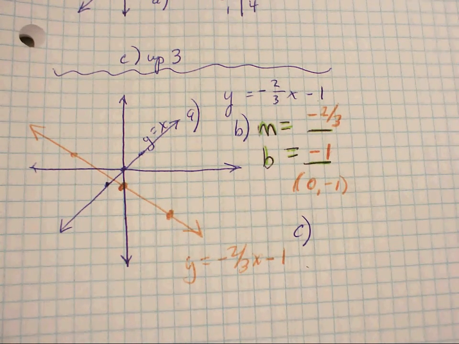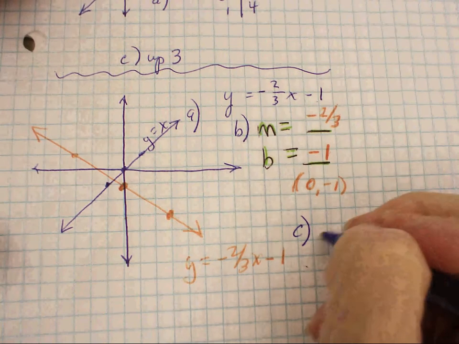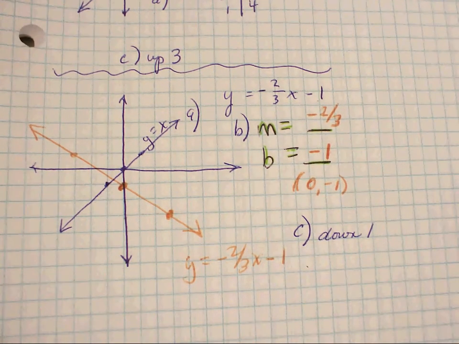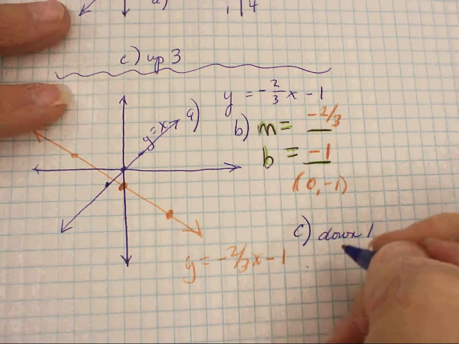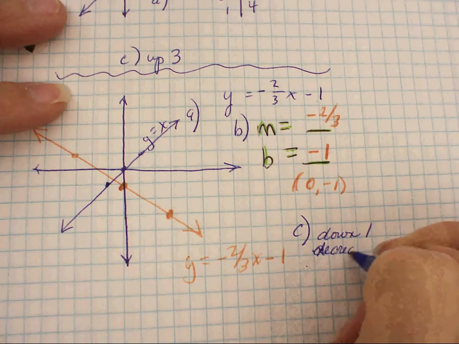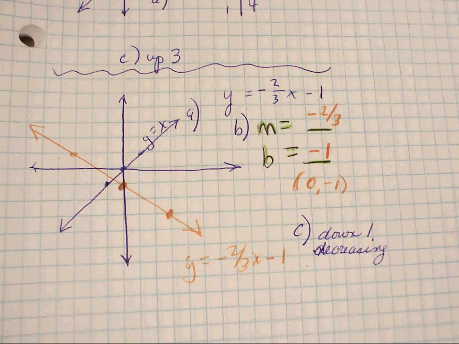How did that change from the original graph? What happened to the y-intercept? Let's talk about it first. How did the y-intercept move? Good. The y-intercept went down 1. What did the negative sign do to the slope? Good. So now it's decreasing. So the first paragraph is always increasing.